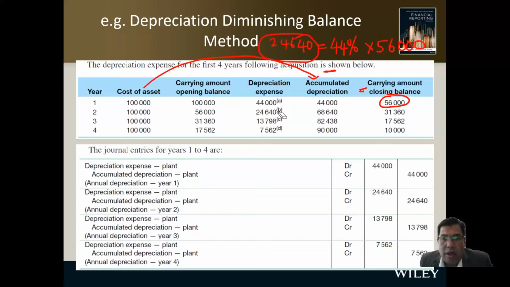I am sure you are aware that the depreciation amount reduces significantly over time, from 44,000 to 24,000, then 13,000 to 7,000. Compared to the straight line method, where the amount of depreciation is fixed over time. In the first year the depreciation is 44,000, second year 24,000, then 13,000, and 7,000. Debit depreciation, credit accumulated depreciation.